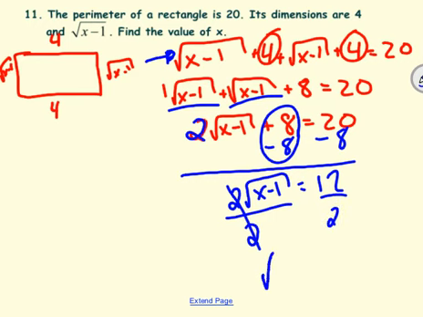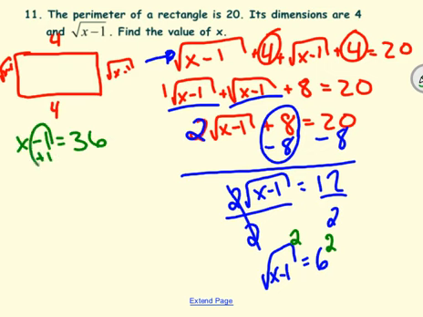So now I have square root x minus 1 equals 6. At which point, let's square some stuff. I'm going to write it over here. So I get x minus 1 equals 36, plus 1, x equals 37.